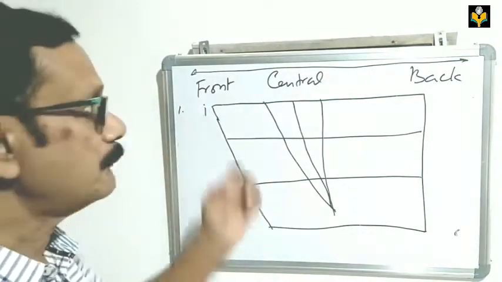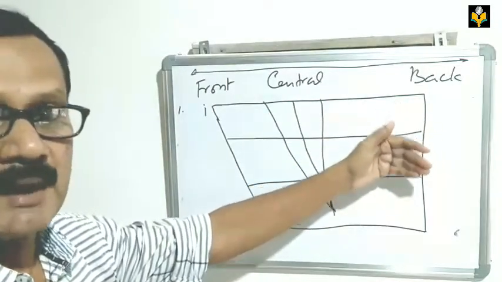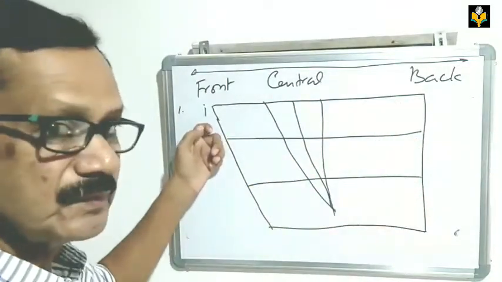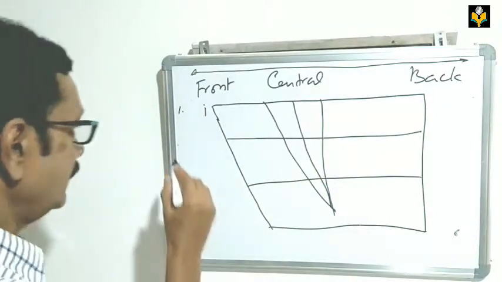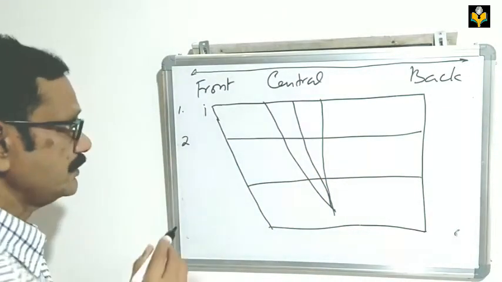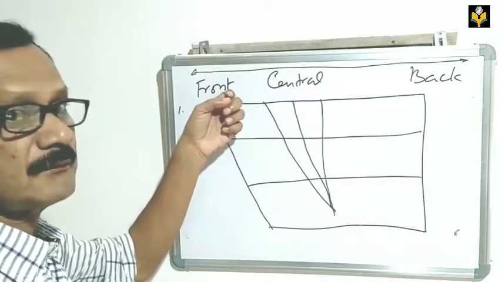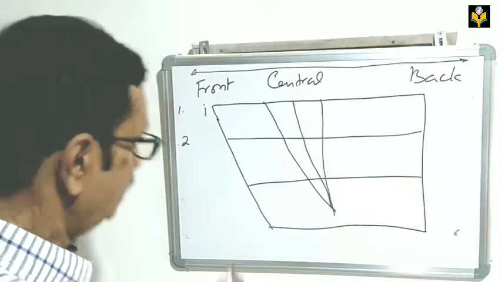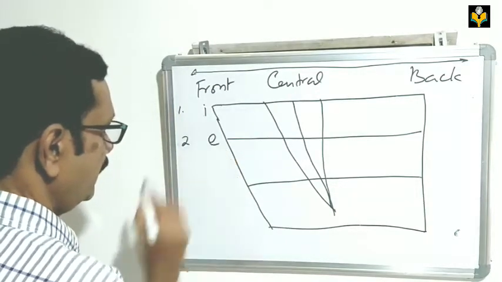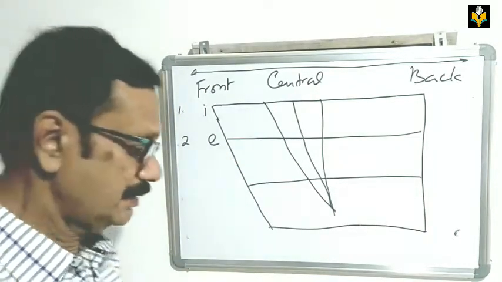There are 8 vowels devised by Daniel Jones. It may be E. We don't know the correct pronunciation of this. Number 2 is a front vowel and it is a close vowel. The second vowel is somewhat A.